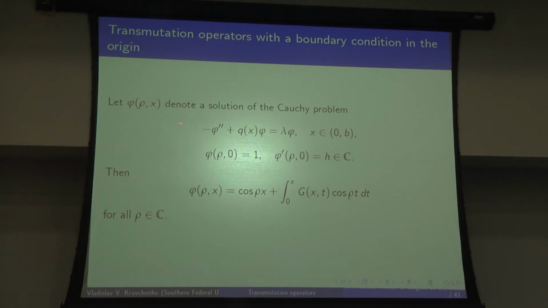So if we are looking for a solution of the same equation, but already on this interval from 0 to b with such initial conditions, so phi is equal to 1 at the origin and its derivative is equal to some complex constant h, then it is just the image of the cosine under the action of the transmutation operator, which also is a Volterra second kind operator with a nice continuous kernel G, which is closely related to the previous kernel K.